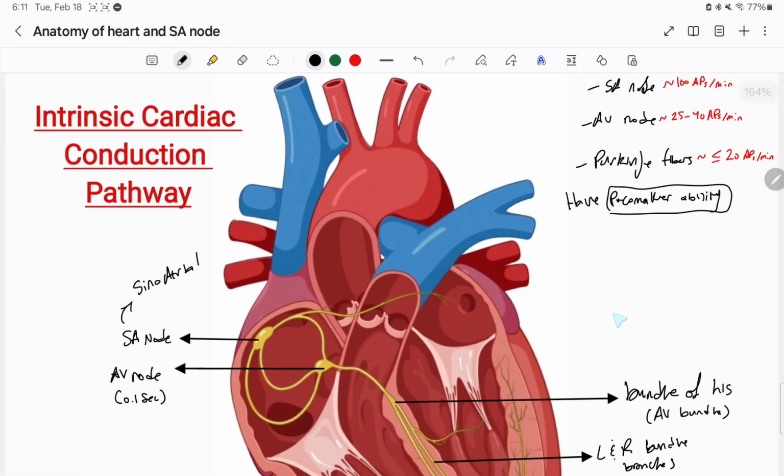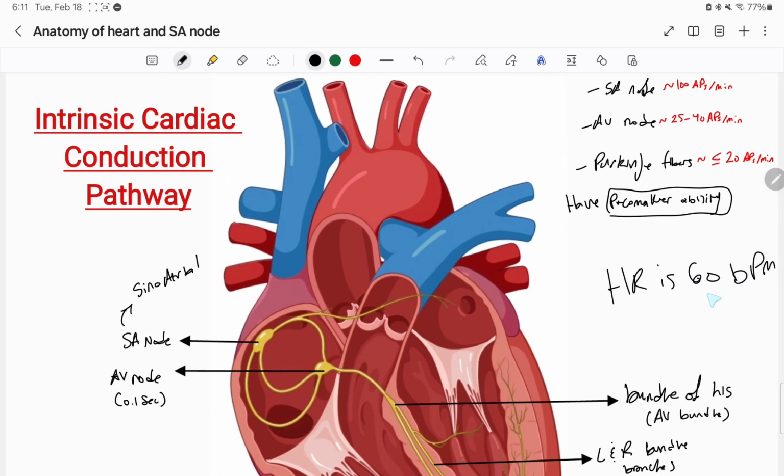When you're at rest, your heart rate is 60 beats per minute. This indicates that your heart rate is actively being lowered, because if the nervous system wasn't interfering, your heart would want to beat at 100. But a part of the nervous system is actively telling your heart, hey, relax, calm down.